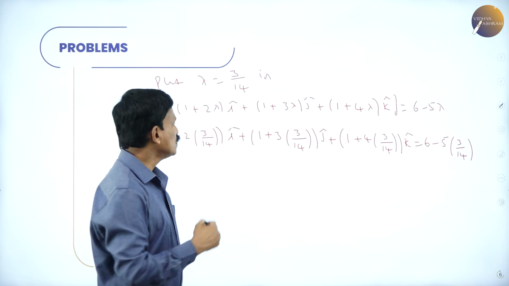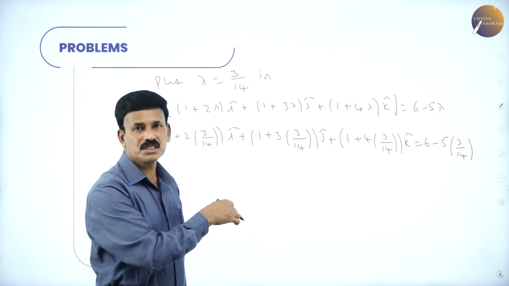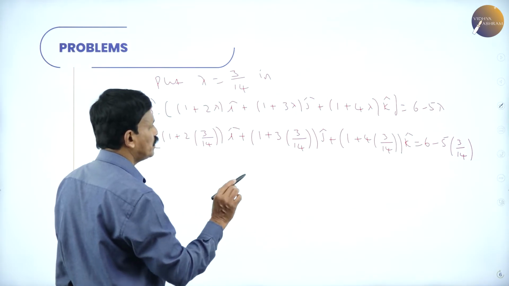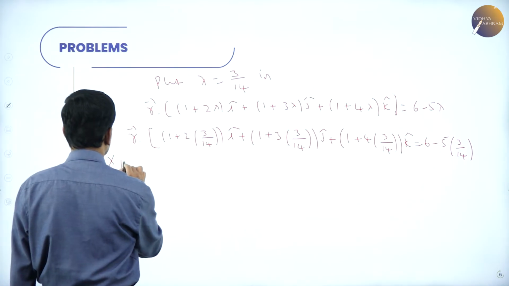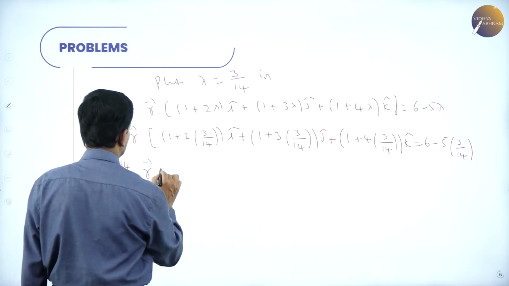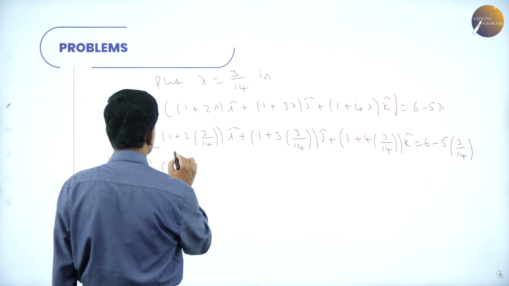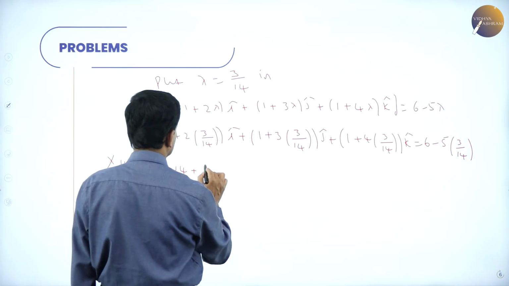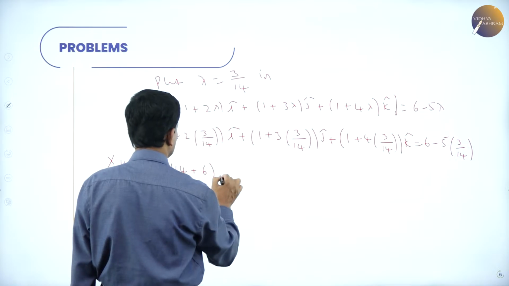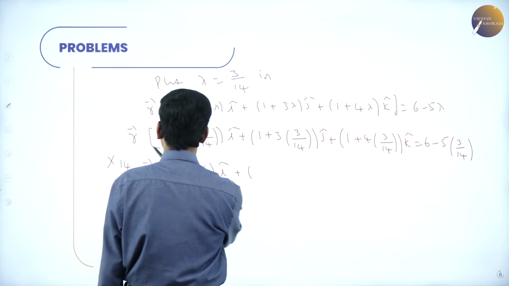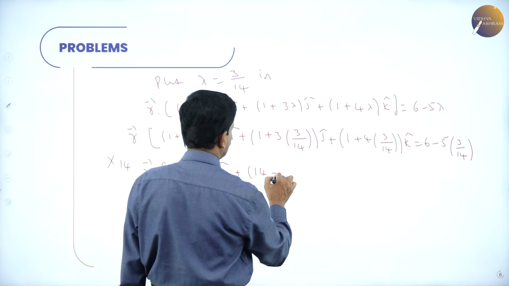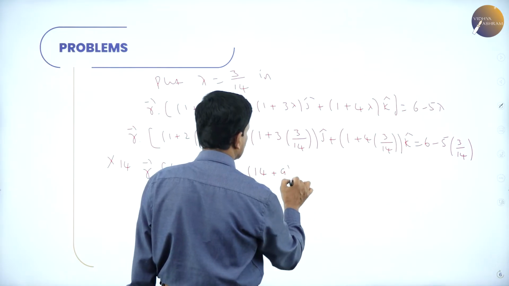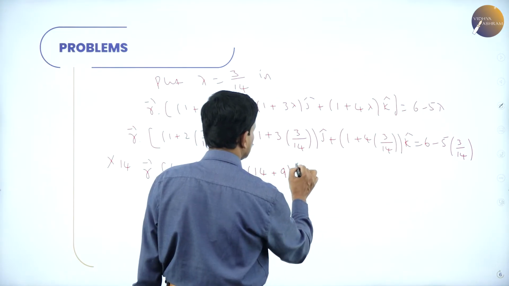Very simple. Just find out the value of lambda and substitute in this equation. Now multiply by 14. That's it. You'll get the answer. Multiply by 14. You'll get r·. So this is 14 plus 6 times i: the 14 gets cancelled, 2 into 3 is 6. Then 14 into 1 is 14, 3 3s are 9 times j.